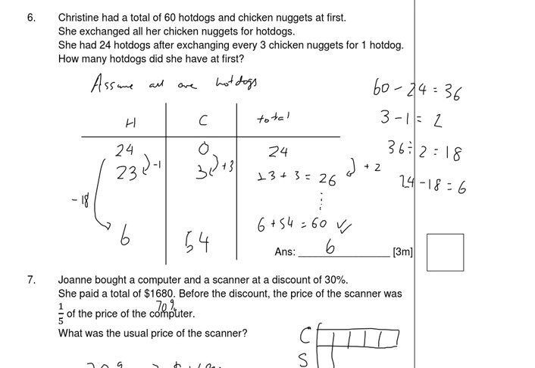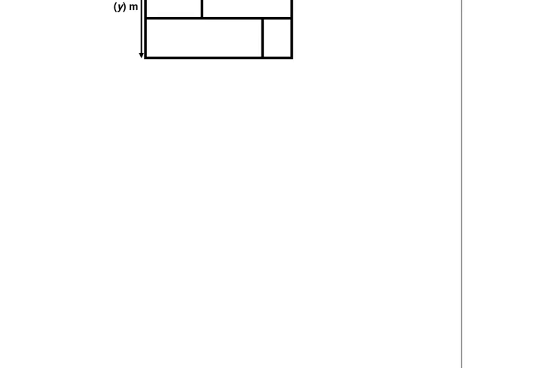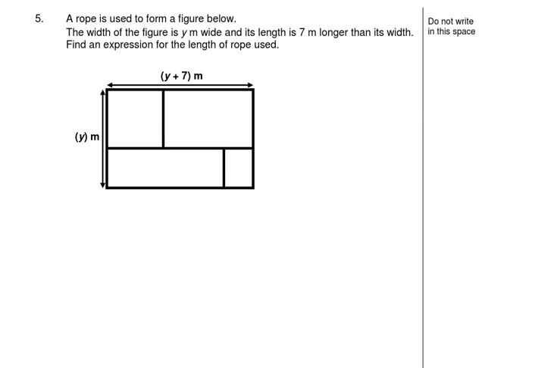Okay. So I have y here. These two will add up to become y. So I have 3y, right? Then here I have y plus 7, y plus 7, y plus 7.